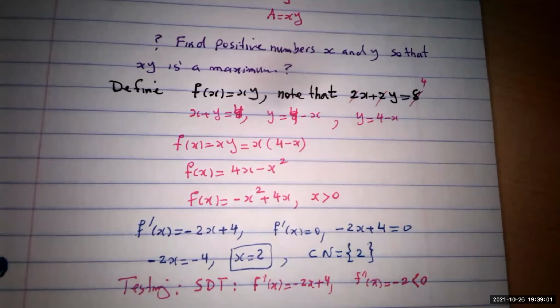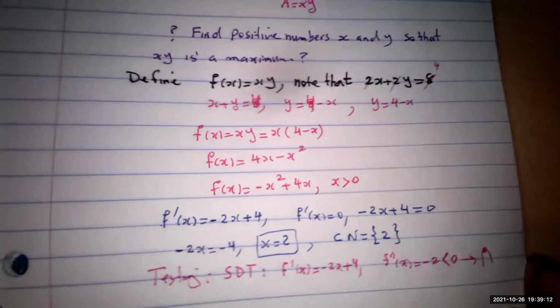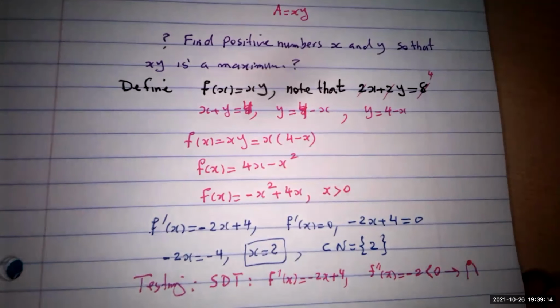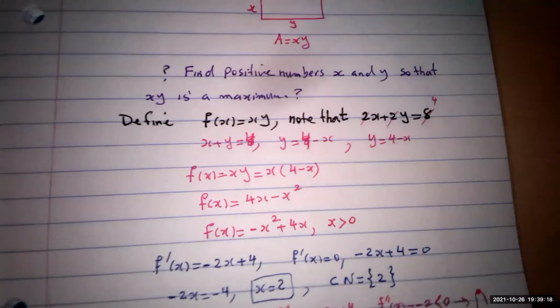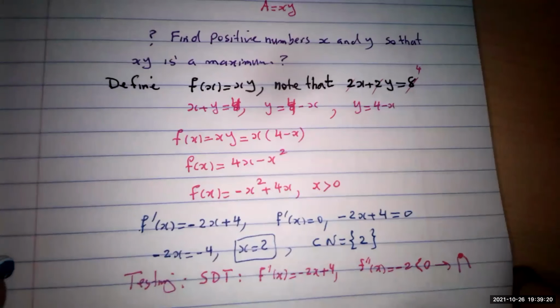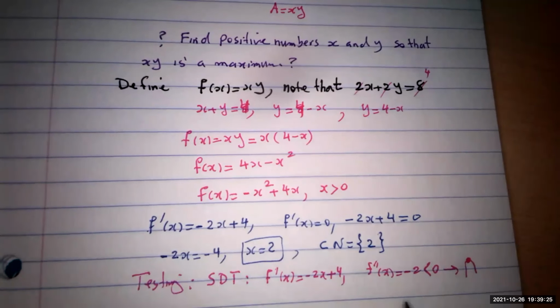So negative means what? Negative means this graph is going to be concave down. And remember, when it's concave down, we get a maximum. Okay, so by the second derivative test, you are going to have a maximum here. So f double prime negative means done.